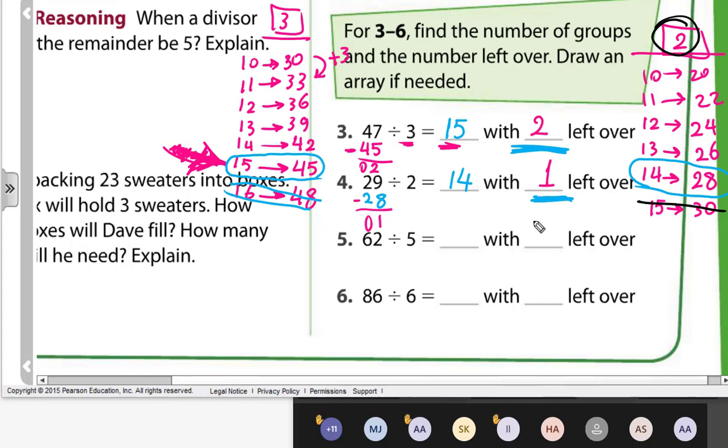Muhammad Mansour. Okay, Muhammad, this is 62 divided by 5.